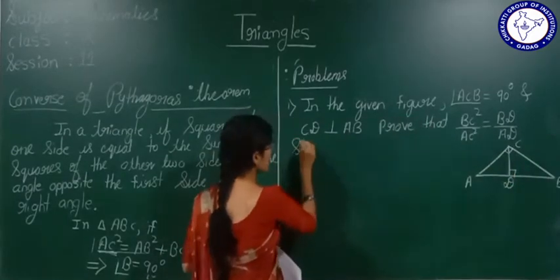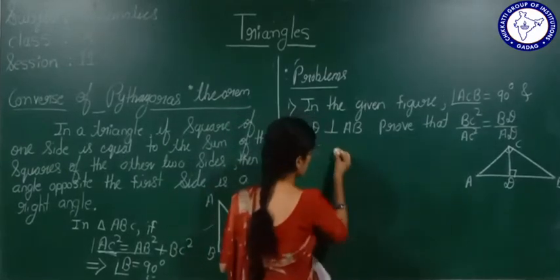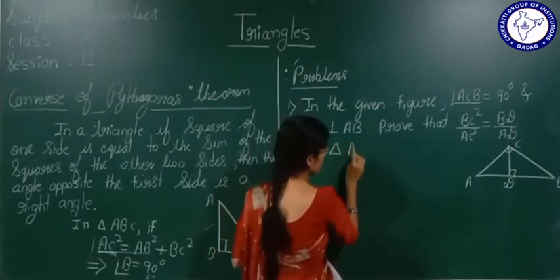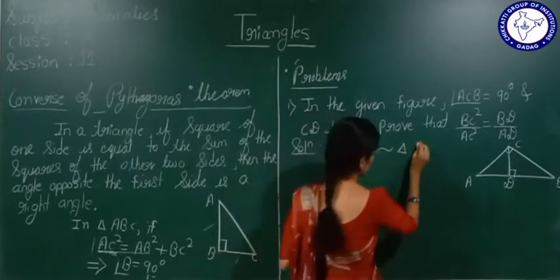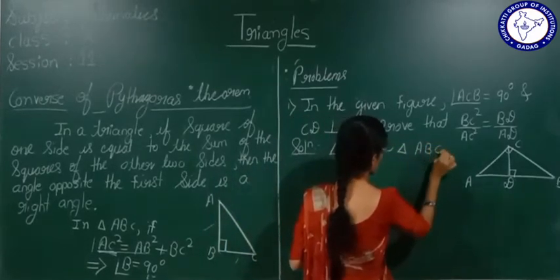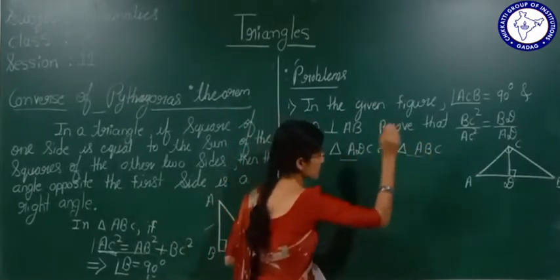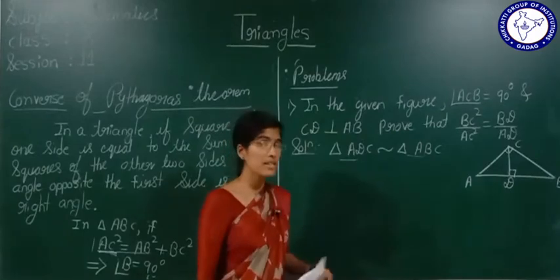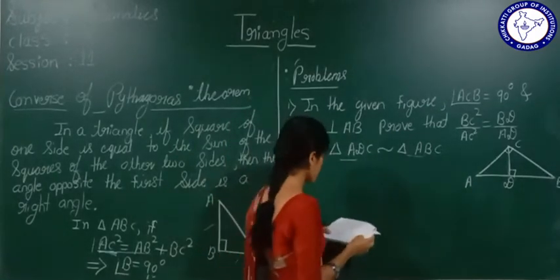From that theorem we can write triangle ADC is similar to triangle ABC. If two triangles are similar, their corresponding sides are in the same ratio.